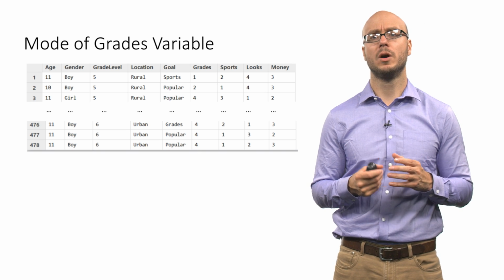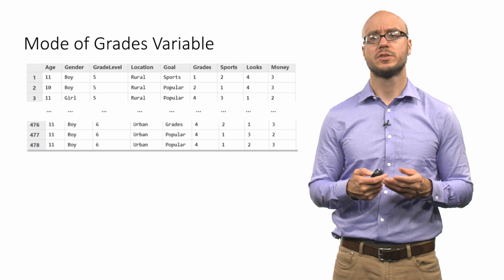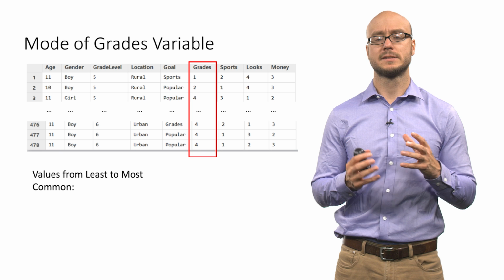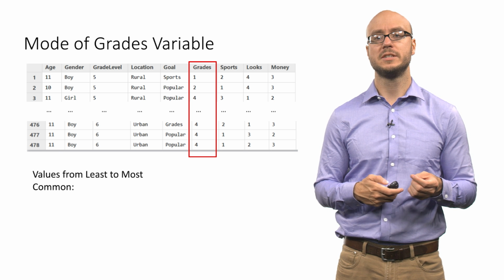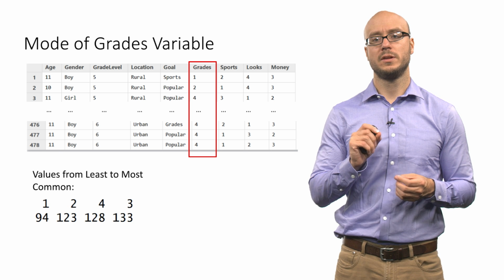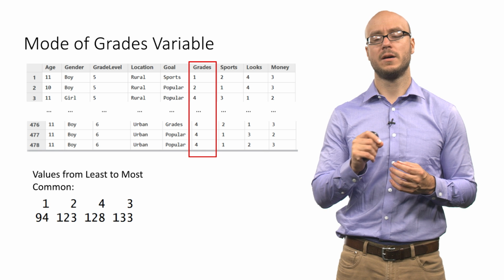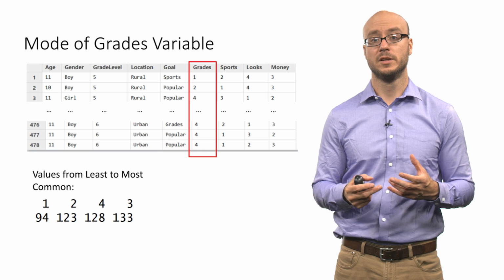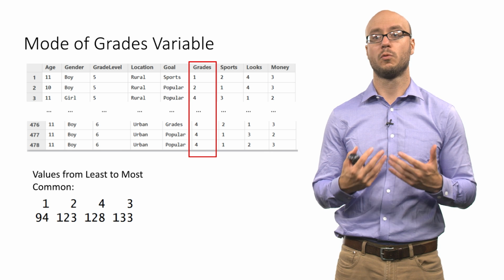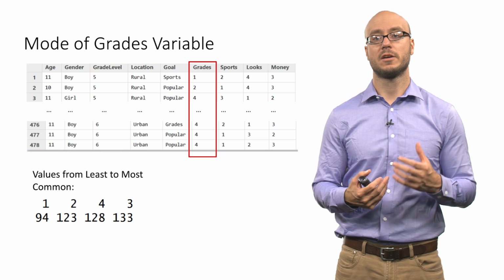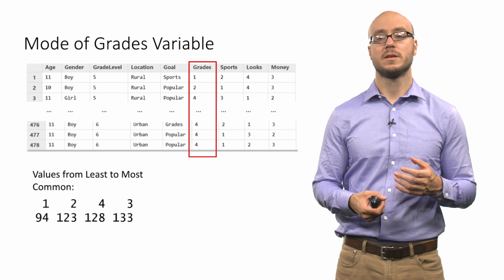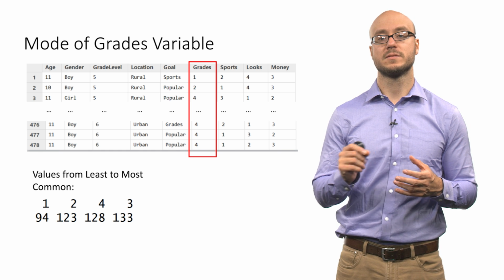Well, let's look at the mode of some of these variables. So for the mode of the grades variable, we're just going to create a little table of our values from least to most common. In this table, the first row shows simply the unique values of the grades variable. Students were asked to rank these 4 different attributes, grades, sports, looks, and money, and each variable has a different sort of ranking.